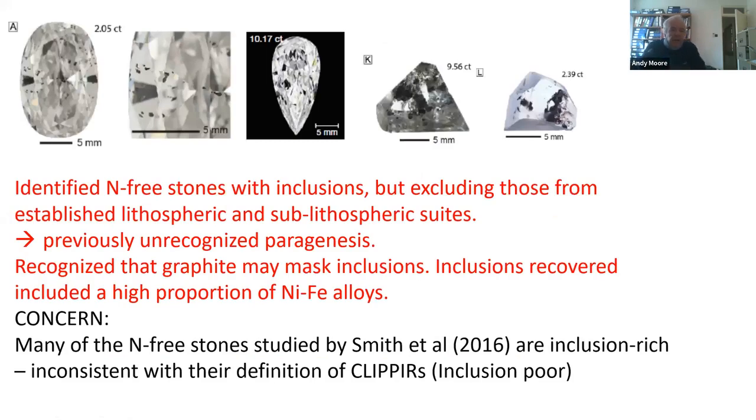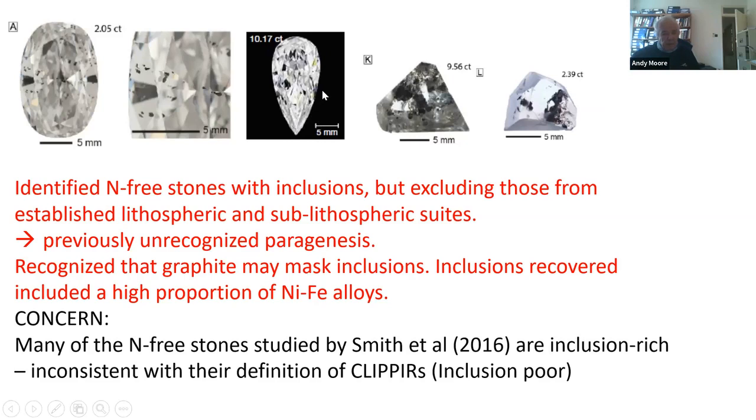This was based on screening of diamonds at the Gemological Institute of America by Evan and his co-workers, looking for type 2 stones with inclusions that differed from those in the known lithospheric and sublithospheric parageneses. In other words, different from those of the eclogitic, peridotitic, and known super deep diamonds.